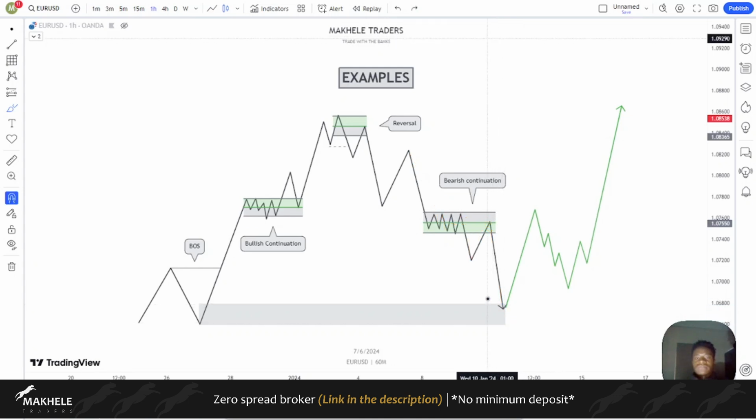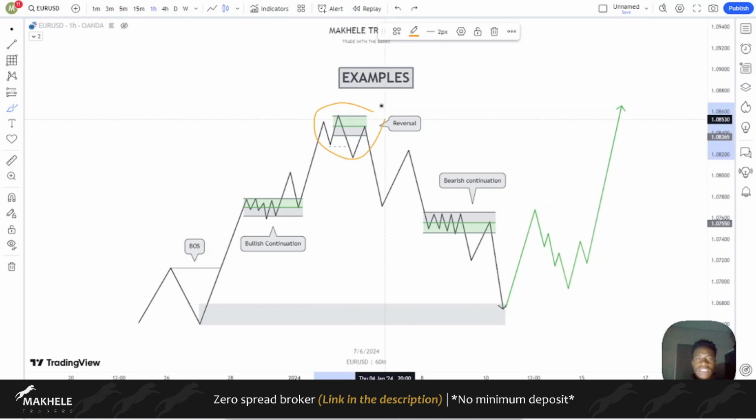So the last one, I've covered continuations here. Let me just show you the last one, which is a reversal. Pay attention here. Price, as you can see, was bullish. But after this break of structure here, this minor break of structure, price will give us a change of character, a shift in structure like this, which is called a change of character, guys.